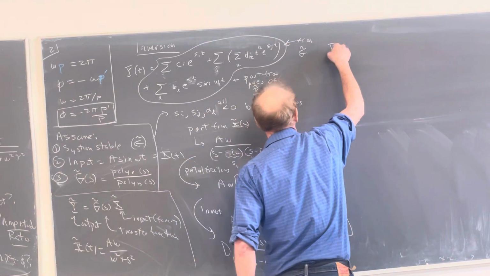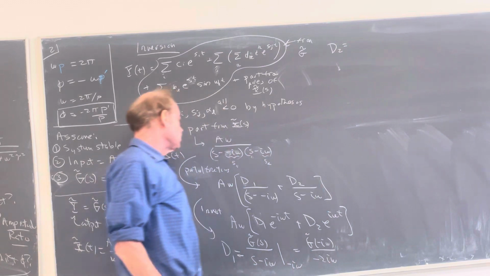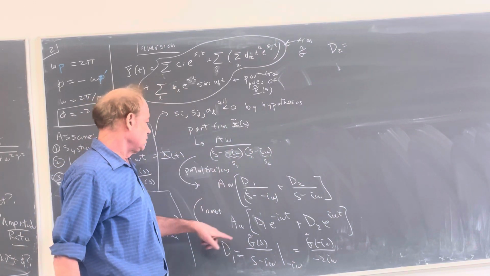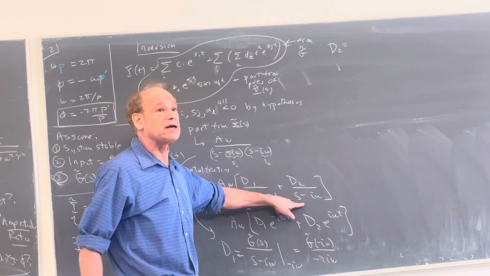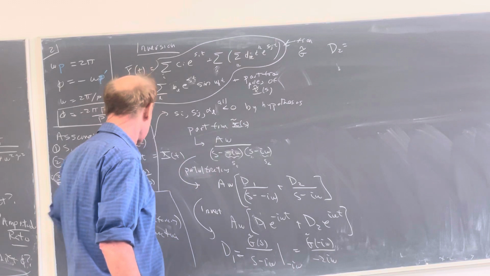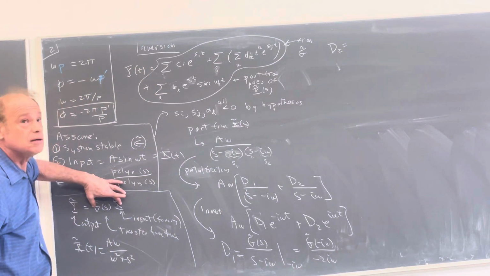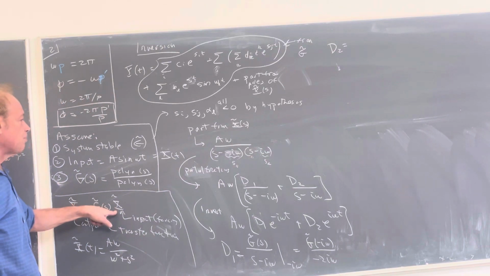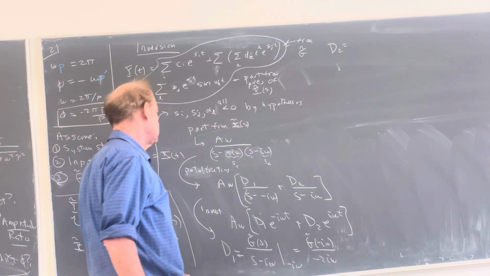Similarly, D2 is equal to everything in G tilde, everything except this factor. Well, everything in this quantity except this factor. So that's all of G and the part of s that's left.